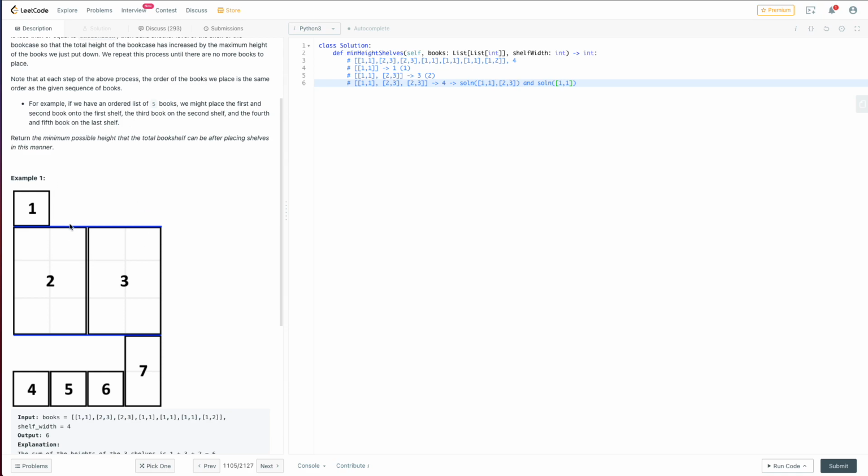If 2 was a height of 4, then we can put it. If 2 is not a height of 1, then it's always worth pulling it down.